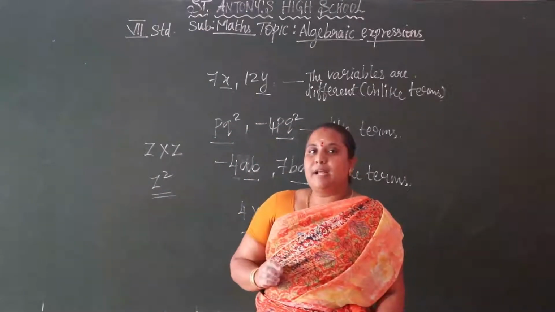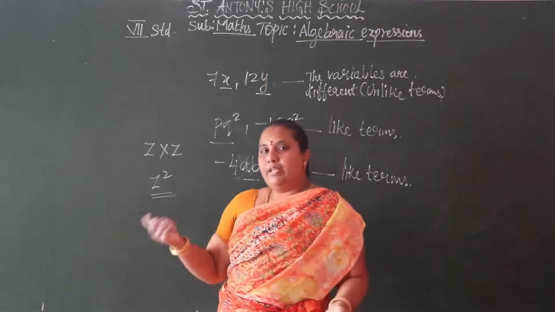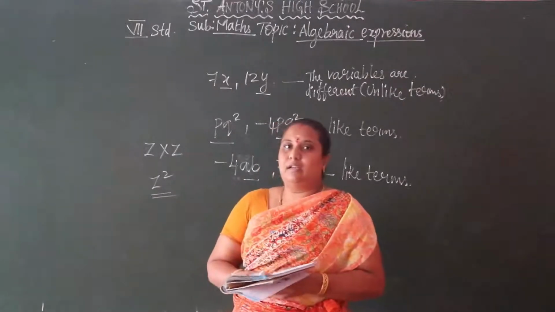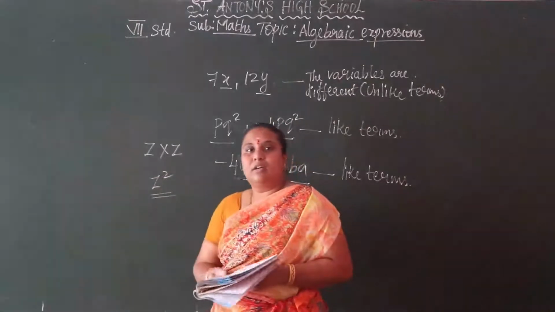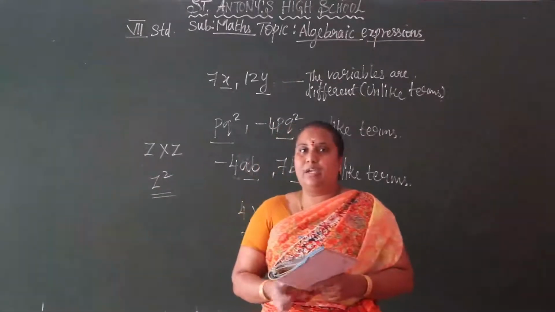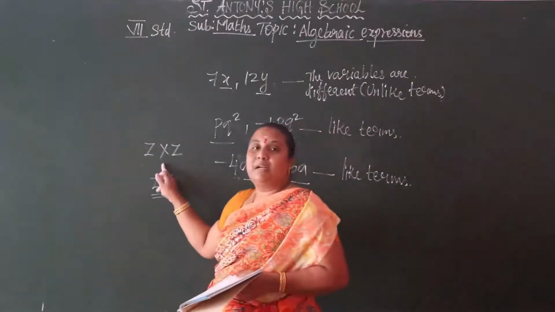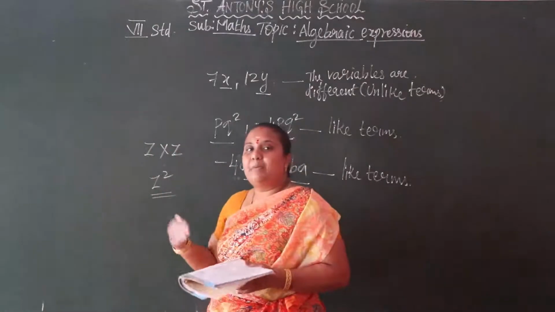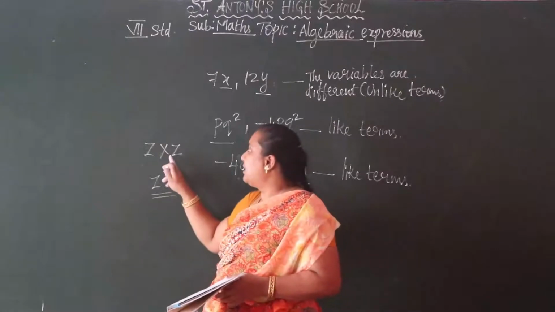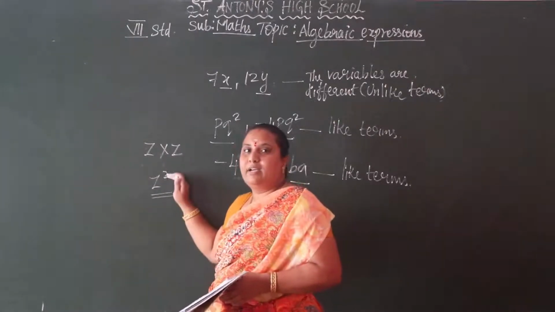Get an algebraic expression by using the variables, constants if necessary, and the operations which are given there. What is the operation given here? Multiplication. The number z is multiplied by itself, so z multiplied by z, we get z square.